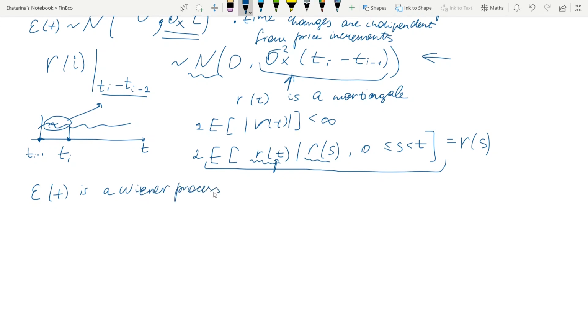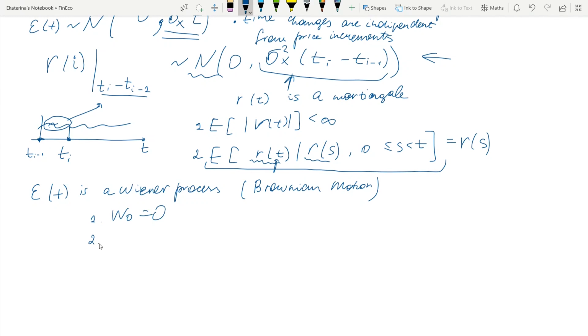The Wiener process is sometimes called Brownian motion. Now, what is a Wiener process? It is a continuous time process which starts at 0.